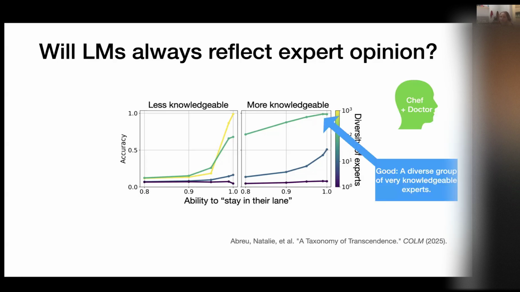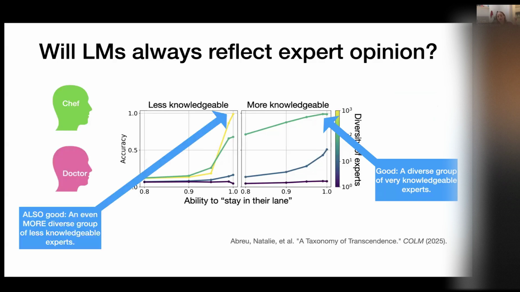So obviously, the model is pretty good, high accuracy, when we have a decently diverse amount of very knowledgeable experts who know a lot of different things. That's great. It's also good if we have an even more diverse group.